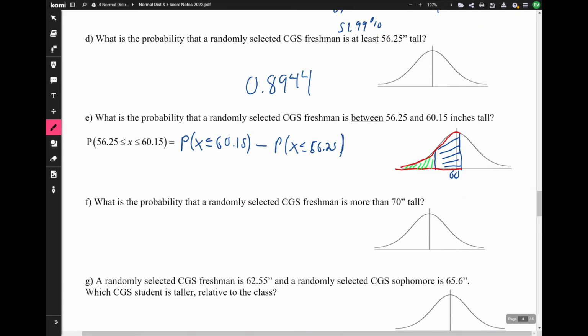These are both left tails. This is a left tail, and the red curve is a left tail. The red one is less than or equal to 56.25.